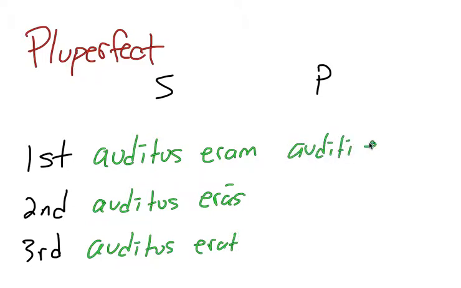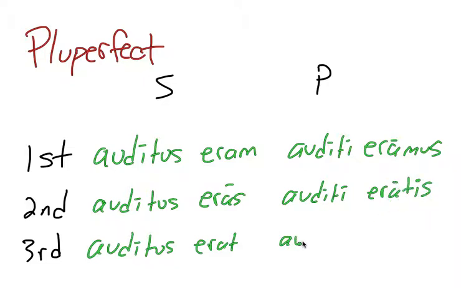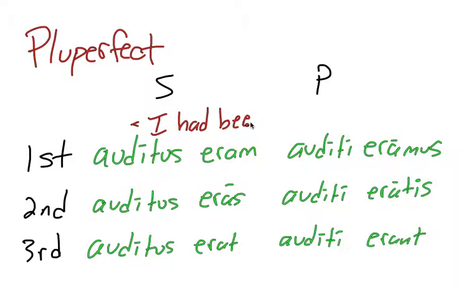auditi eramus. Okay, it's two words. Auditi eratis, and auditi erant. Okay, and when you're translating this, auditus eram would be I had been heard.